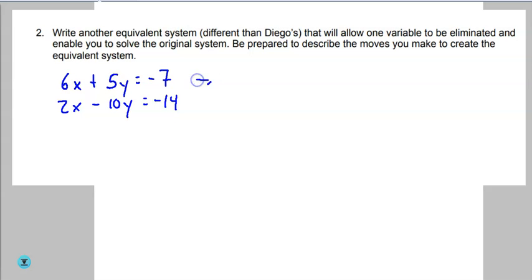So what they're saying is instead of multiplying the top one by 2 and making the y's both 10, this time multiply a different number, and you can even multiply one on top, one on bottom if you want, and match up the x's or the y's in a different way. So try that. See if you can solve.